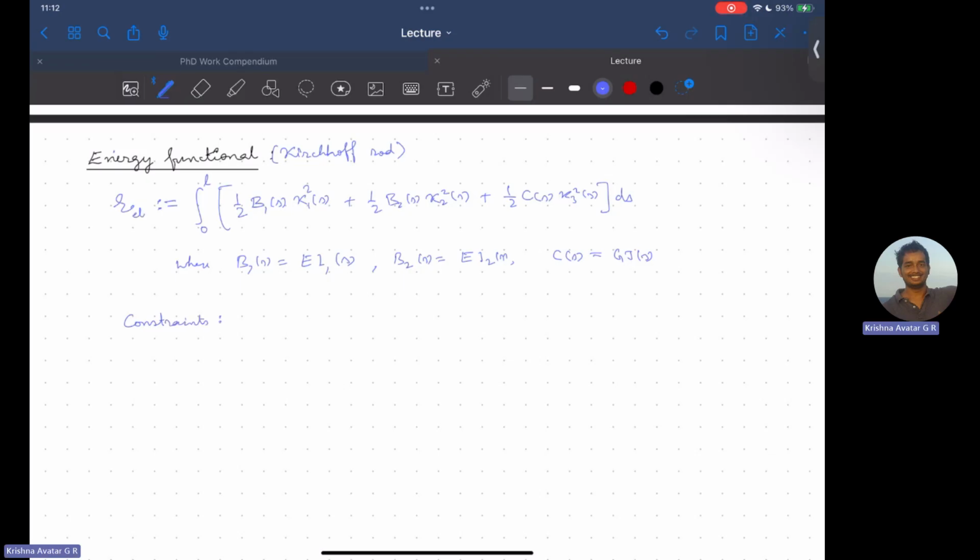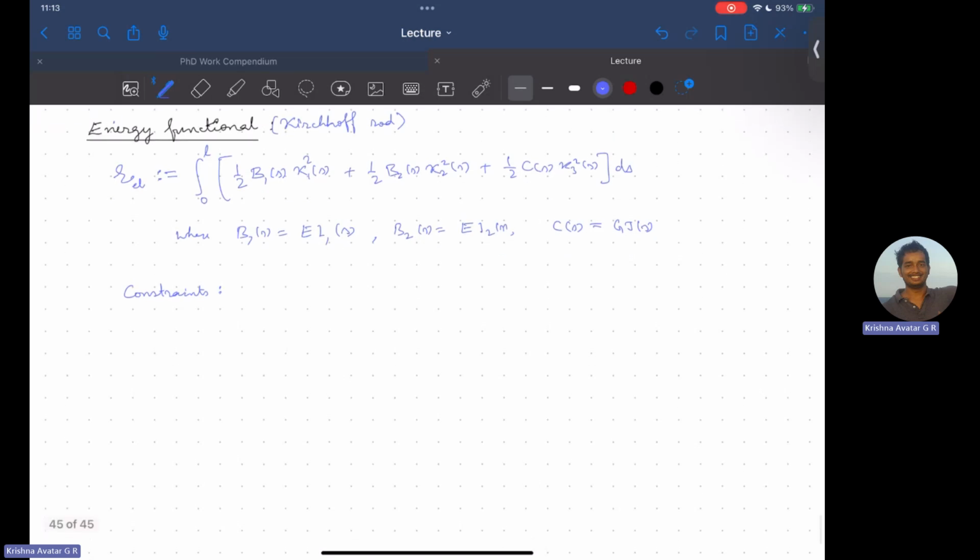I'll call the energy EL, which means elastic energy functional. So the constraints are that, first of all, the norm of R prime of S is equal to 1. This can also be written as R prime of S dot D3 of S is equal to 1. This is the inextensibility constraint that we are putting.